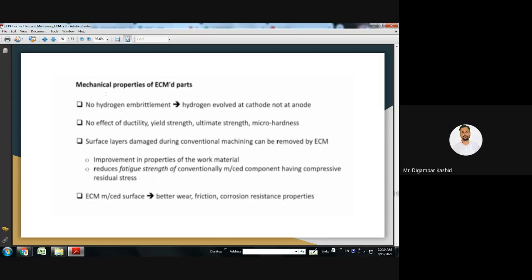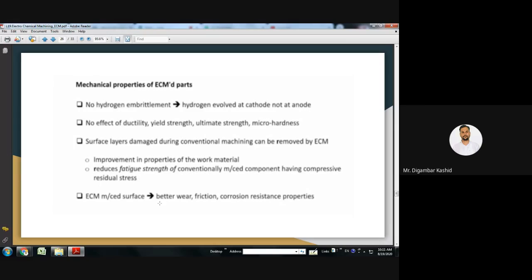I repeat, whatever surface layer damage happens during conventional machining, we can remove using electrochemical machining. Removing it may result in improvement in the property of that workpiece.